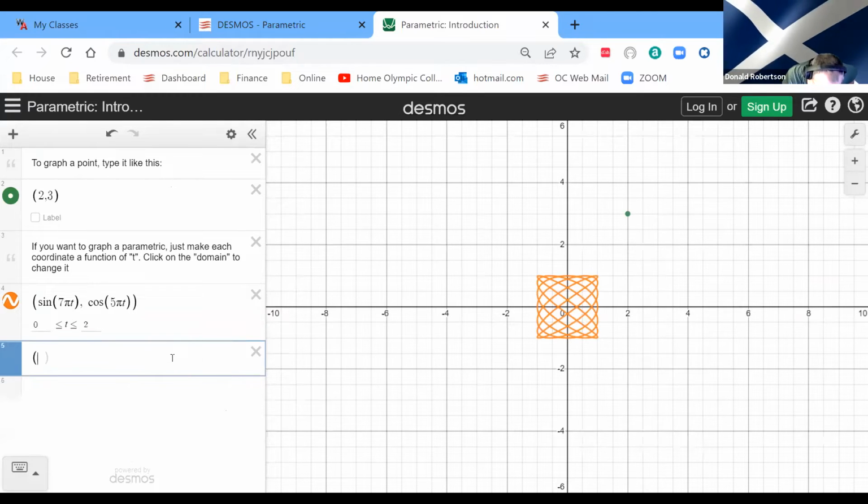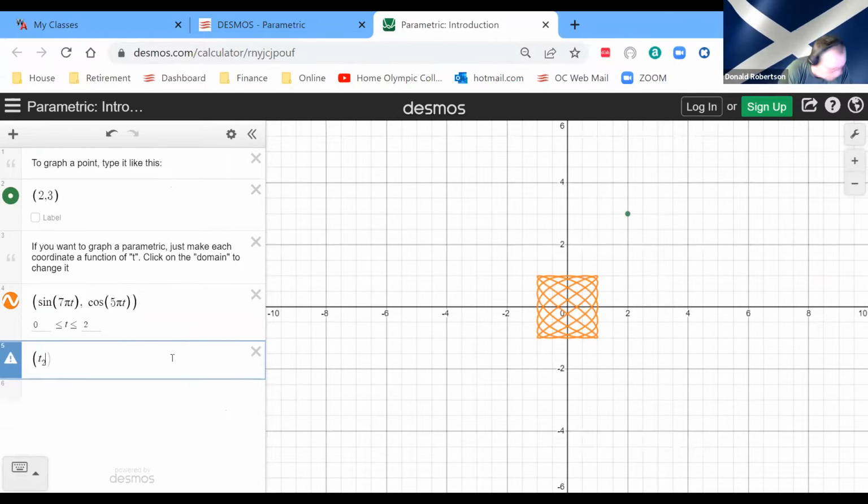You simply do a bracket, and in the first one you put, in this case, t squared. That's not what I wanted. Why are you doing that? There we go. Don't know why it was being a pain there.